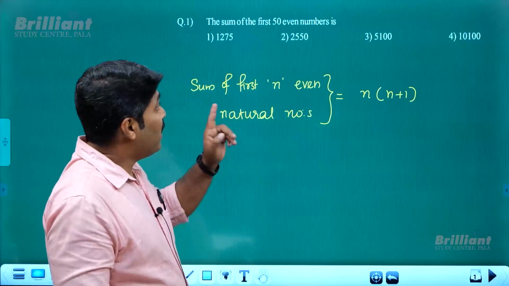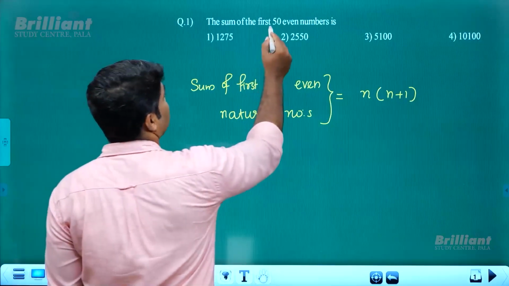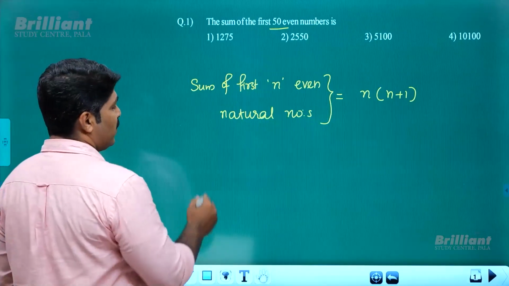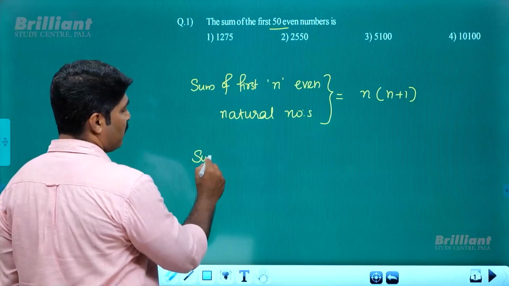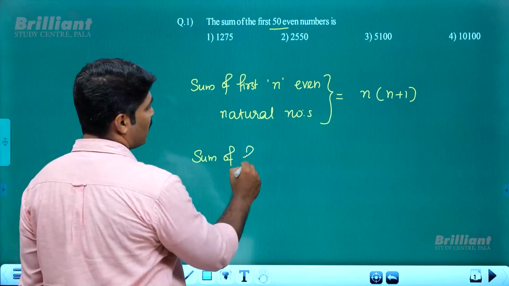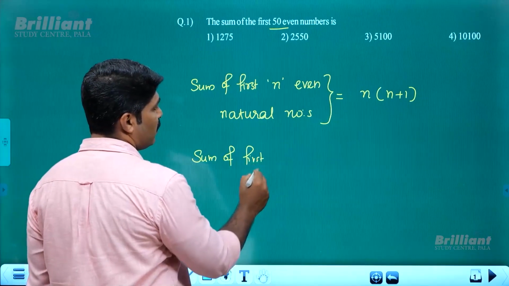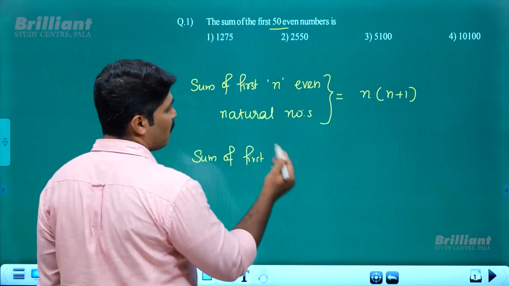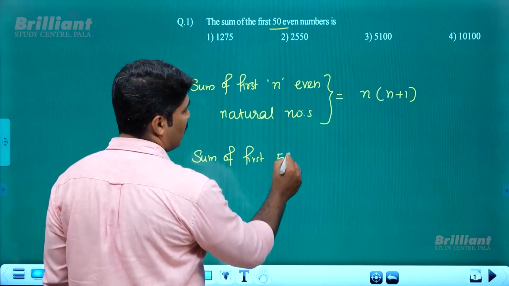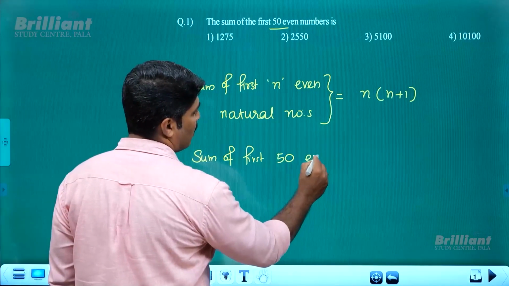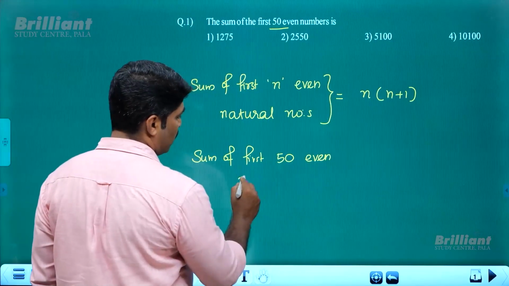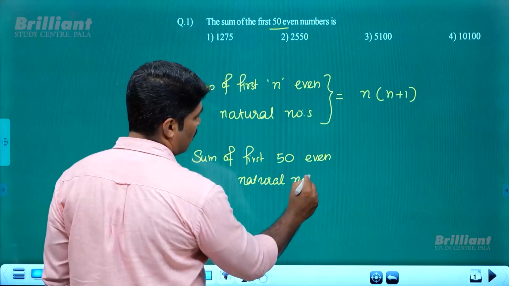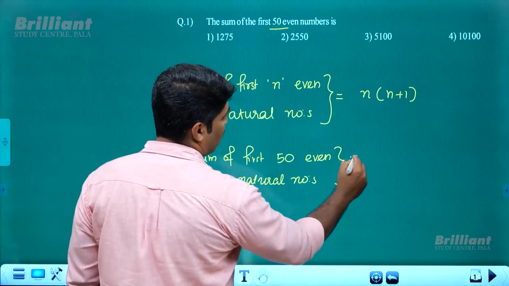Here we have to find the sum of the first 50 even natural numbers. It's very important when we are going to find the first certain number of natural numbers, or even numbers, odd numbers like that. So how can we apply it?